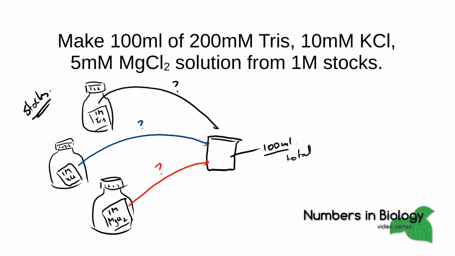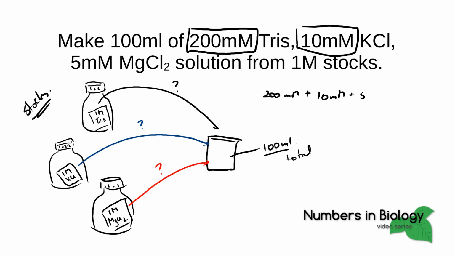And so the common error that I see here is that students quite often will add up all of these. So they will take 200 millimolar tris, and then they will add the 10 millimolar of KCl, and then they will add that 5 millimolar of magnesium chloride, and they will get an answer like 215 millimolar and plug that in as their final concentration, which is incorrect.